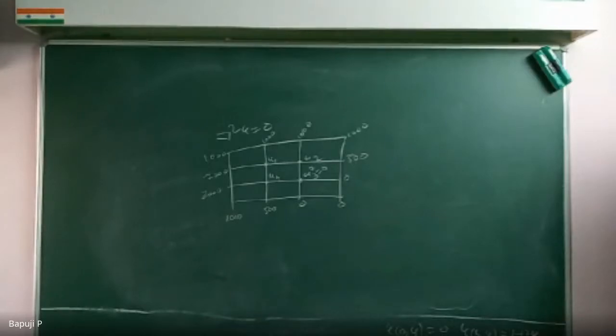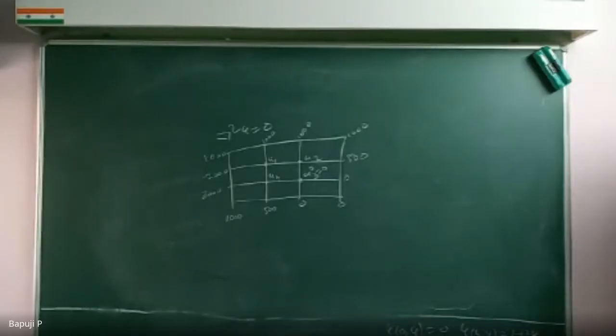Then U1, U2, U4 also with the same diagonal form will work out, I think so. Sometimes you cannot take it for granted, but okay, good idea. We'll see.